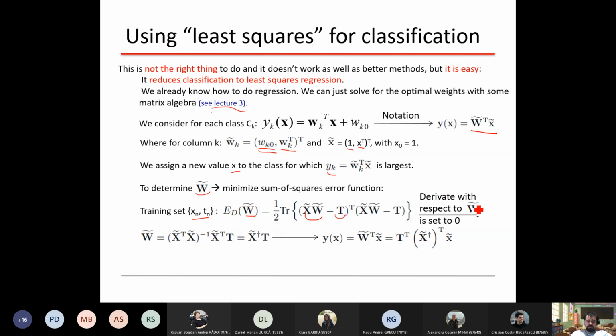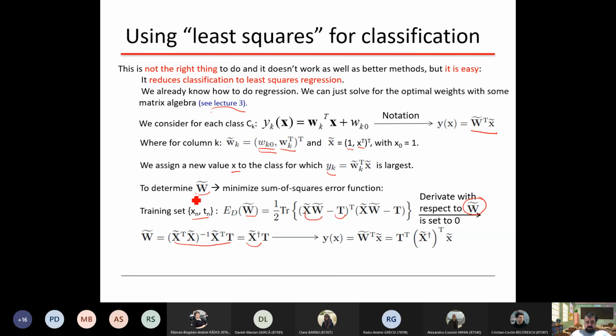Now, to get the optimal W, what we have to do is to differentiate this and set it to 0. If you do the computation, you obtain this formula, which is the pseudo inverse of X, the training matrix, multiplied by T. This matrix is also called Moore-Penrose.